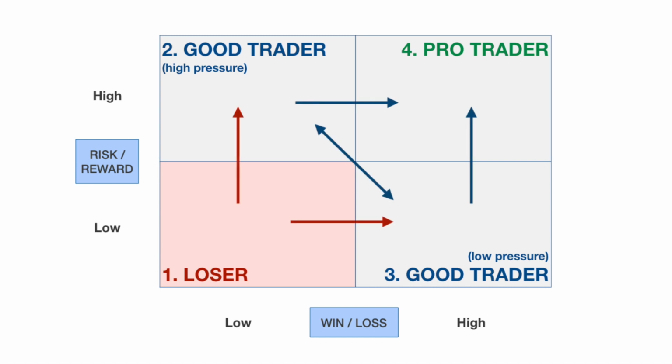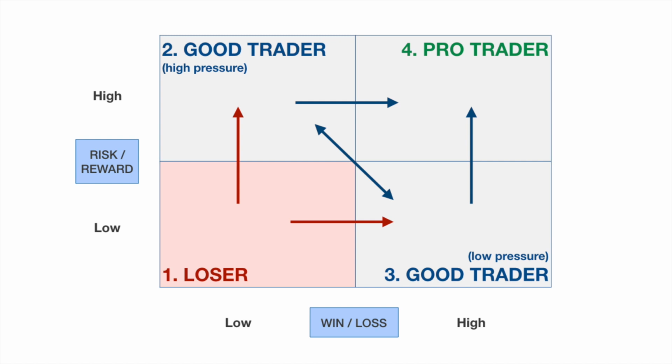Well, if you are a losing trader, then rethink your approach. I'm sorry if I insist with you, but you need to rethink your approach to the markets so that your risk reward and your win-loss ratio will both benefit, and you will end up becoming a good trader either in category 2 or category 3, because there is no chance of moving from 1 to 4, but you can definitely move from 1 to 2 or 1 to 3.